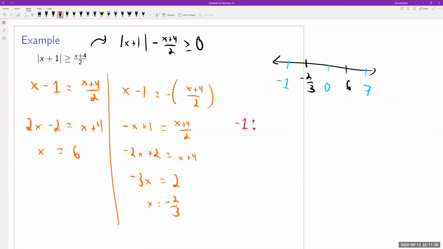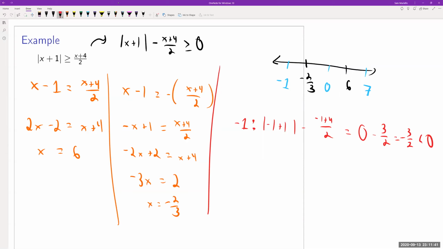-1 will give me, let's see, a negative value. If I plug in 0, I got another negative value.